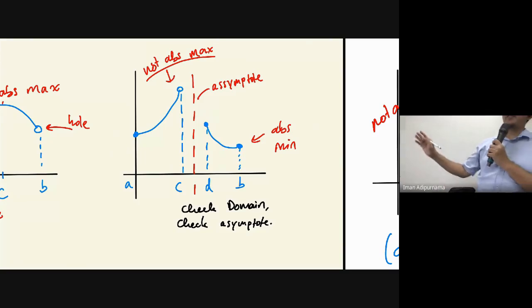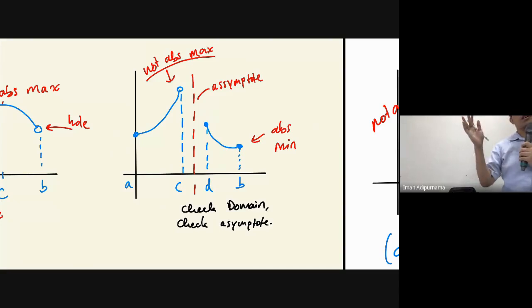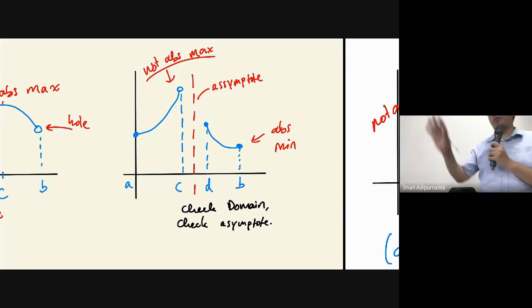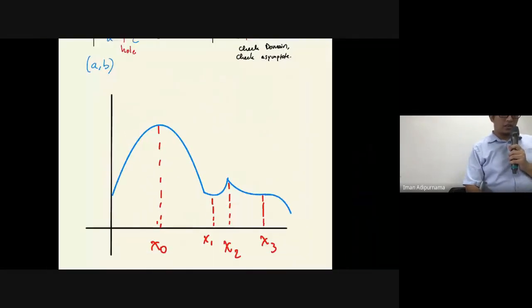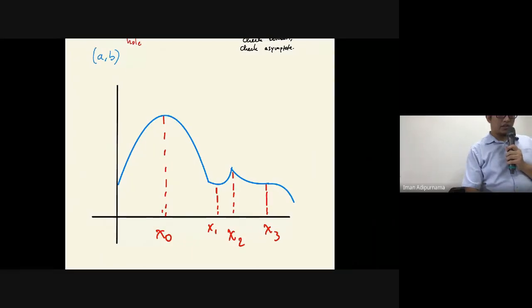You can have a vertical asymptote, or horizontal, or any line that can make the asymptote. I will go through the line asymptote later. But let's identify this graph first.